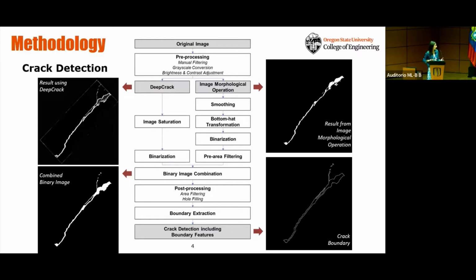We applied that algorithm on the images we collected from the experiments in the lab, and simultaneously we also applied the morphological operation and then combined the two results. As you see here, the DeepCrack method was able to get more of the details from the crack. And then we combined the results. We were able to get the boundary of the crack that way.